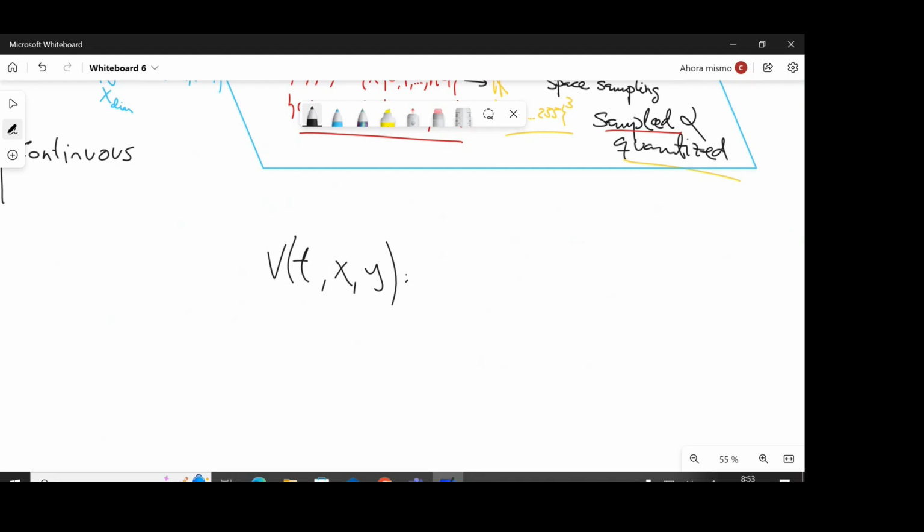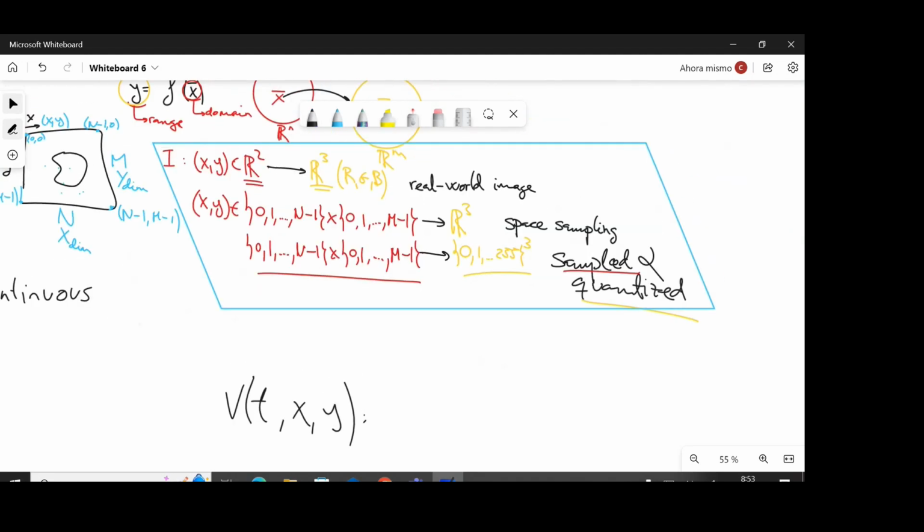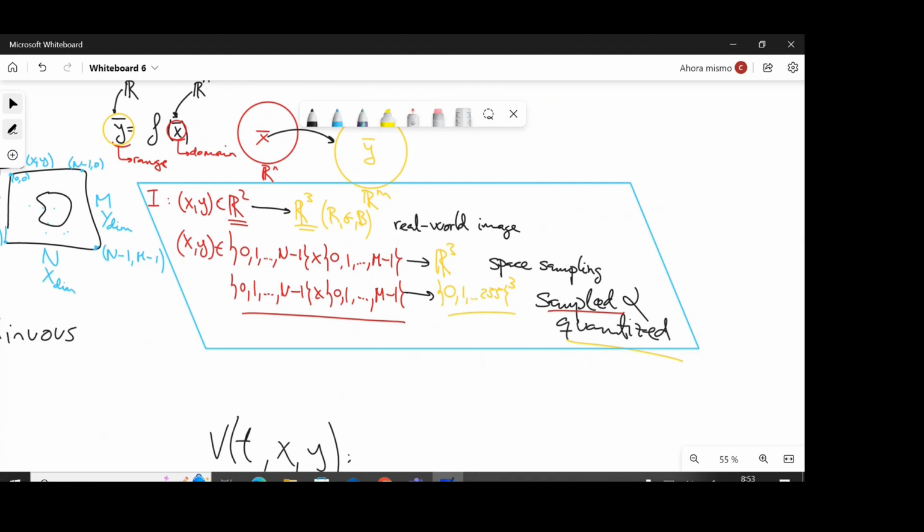Now, this is a function that I will normally work with in the continuous. Actually, mathematically, it is much easier most of the time. We will be working with the real world image, even if we don't have access to it. But it is much easier to think in continuous terms, because everything is much more mathematically tractable.